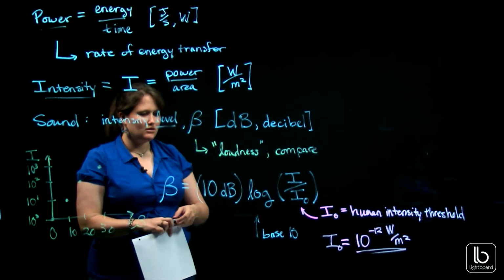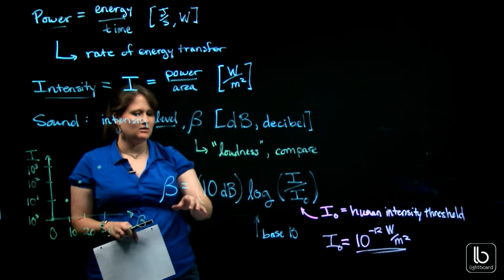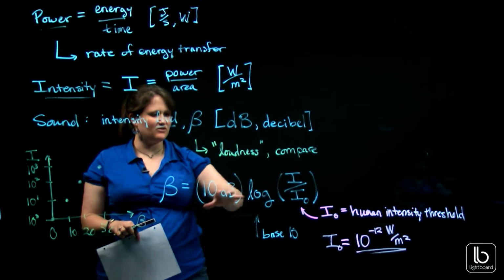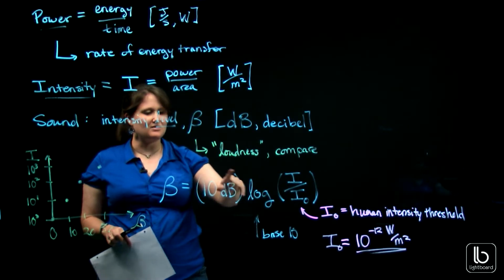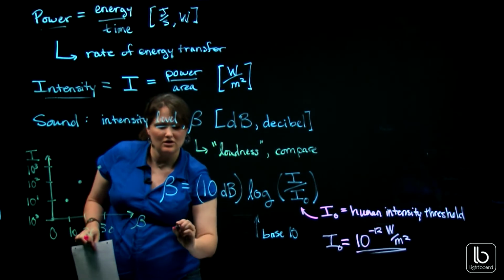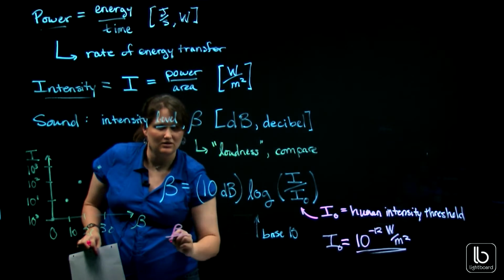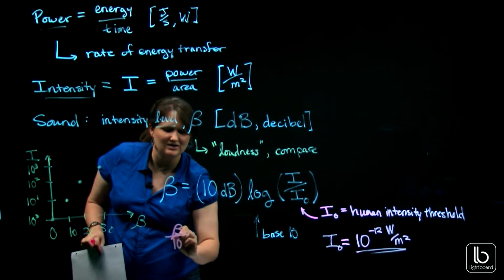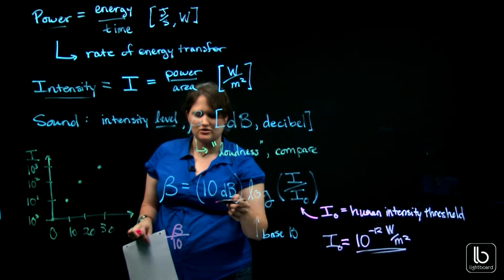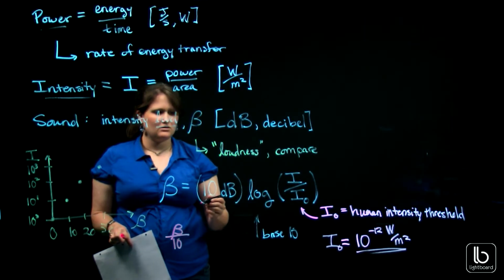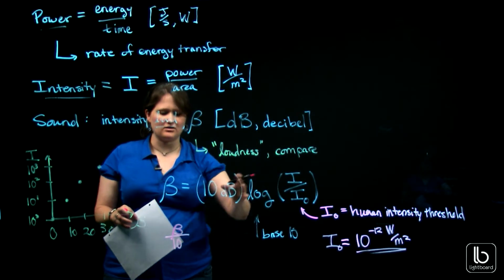Okay? So if I wanted to solve for intensity here, the first thing I want to do in my order of operations is divide by my factor out here. So I can say beta, my intensity level, divided by 10. That gets rid of that. How do I undo this log term? Well, I raise 10 to everything.